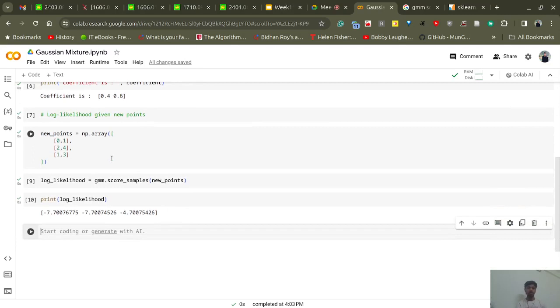Okay, so these are the log likelihoods of the 3 points here. If you are asked to choose the minimum one, you have to choose this one. If you are choosing the maximum one, you have to choose this one, right? So this is how you find the log likelihood.